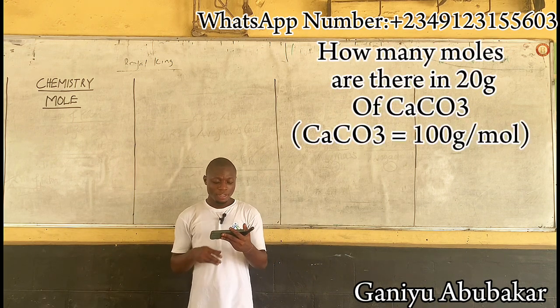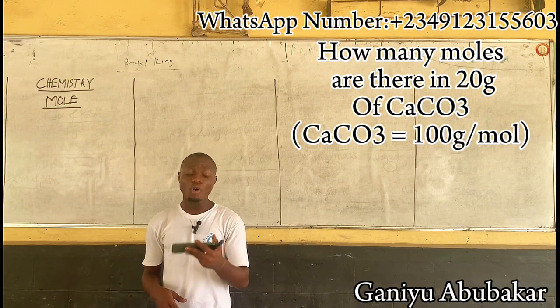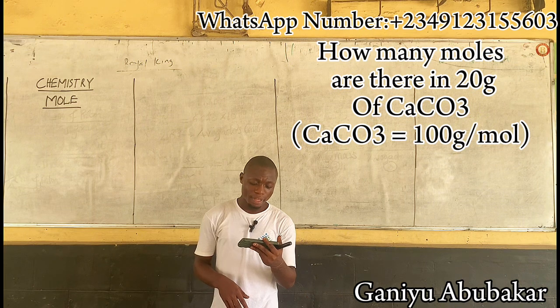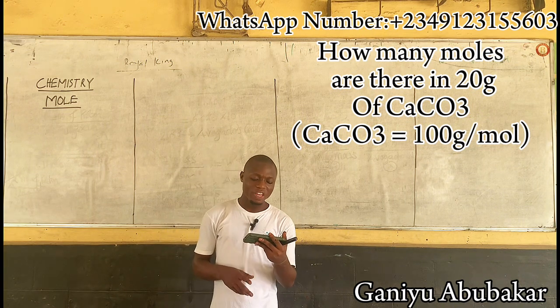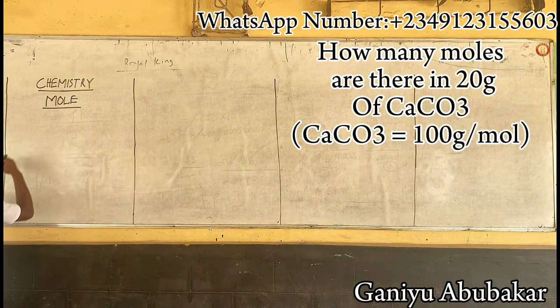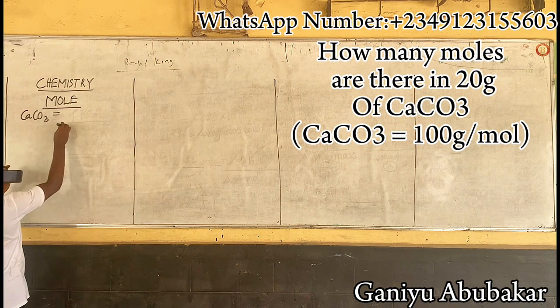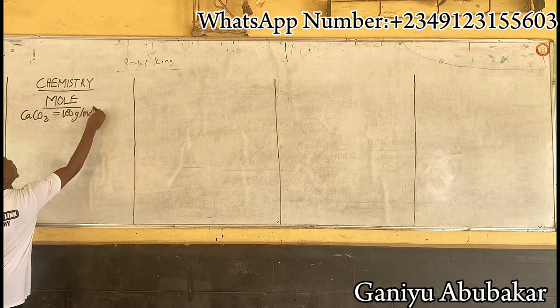Example 3 says, how many moles are there in 20 gram of CaCO3, that's the limestone? Given that CaCO3 is equal to 100 gram per mole.